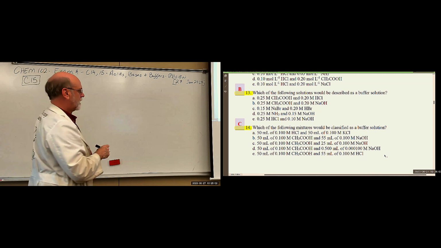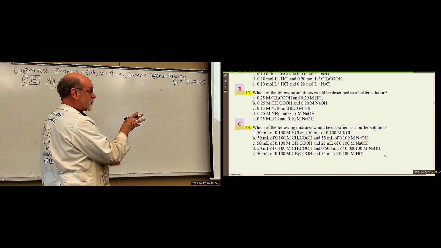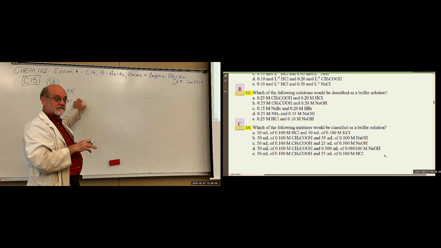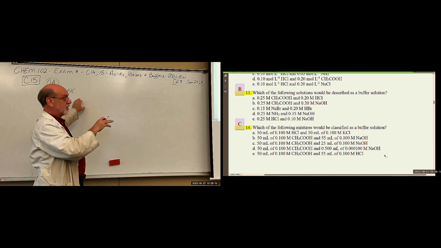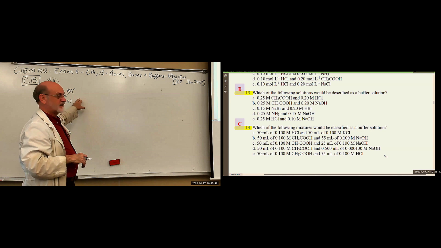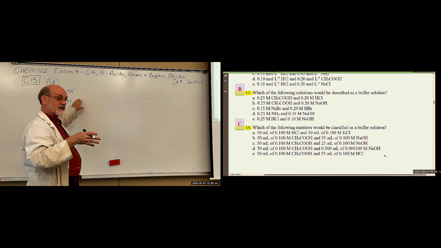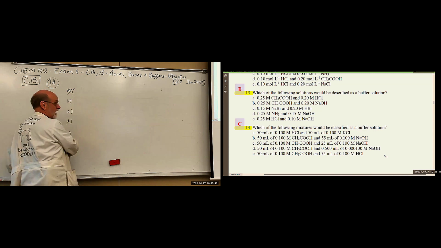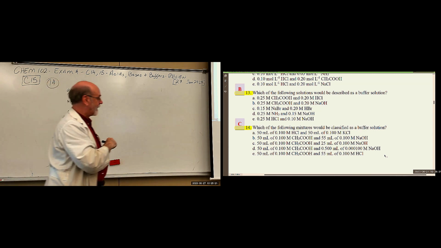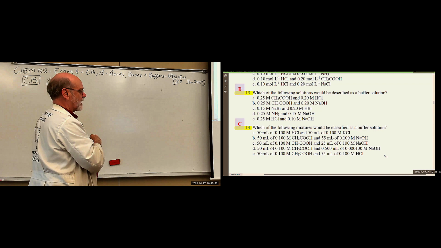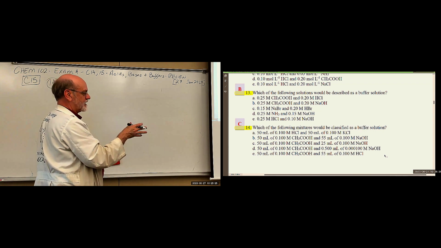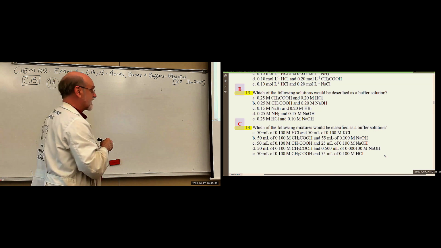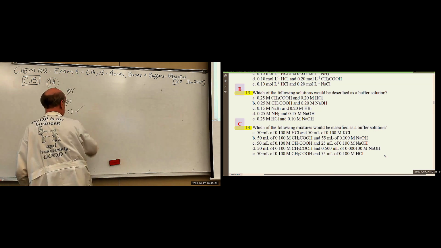All right, so we've added enough base to neutralize all of the acetic acid. Right. We're past the equivalence point, because you got 5 mLs of sodium hydroxide past the equivalence point. It's going to be a very high pH and not buffered. How about the next one? All right. We're only adding half of the sodium hydroxide needed to neutralize that acetic acid. Yeah, that's perfect.